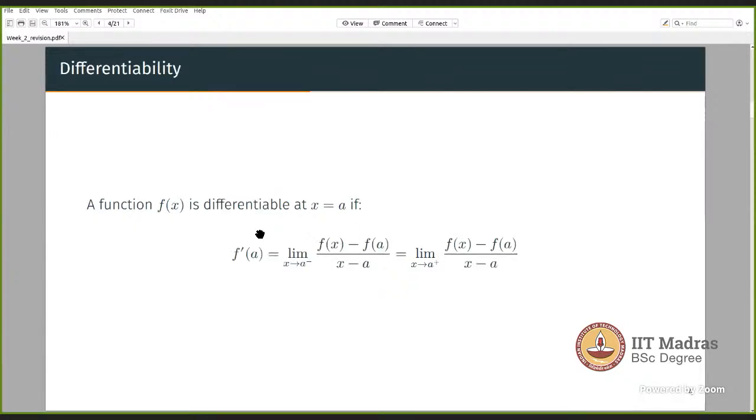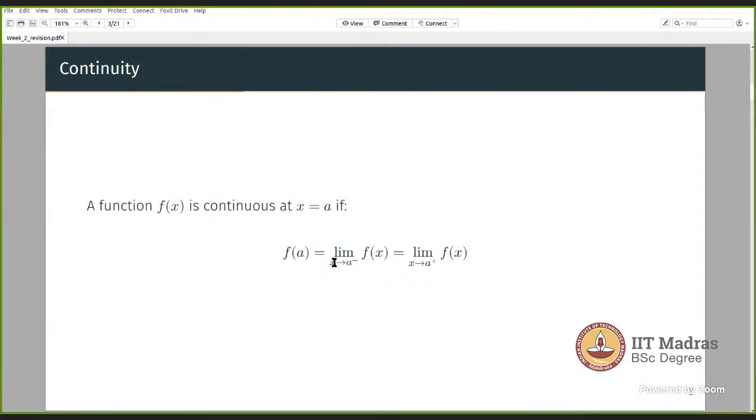Next thing is checking the differentiability of the function. And one more thing to note here is that the given function might have different equations based on different domains. Okay, so going back, when you have to compute the left hand limit, you have to see which is the right function equation when the value of x is less than a.